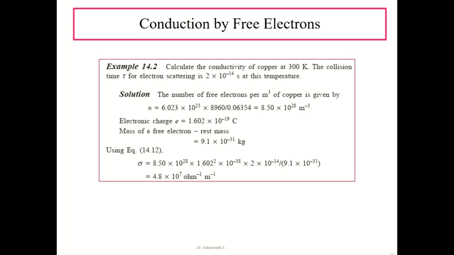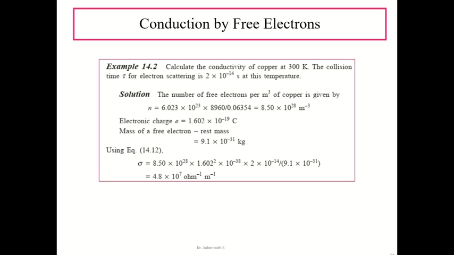The electron charge value is 1.602 into 10 raised to minus 19 coulombs. Also the mass of electron is approximately equal to the rest mass, which is equal to 9.1 into 10 raised to minus 31 kilogram.